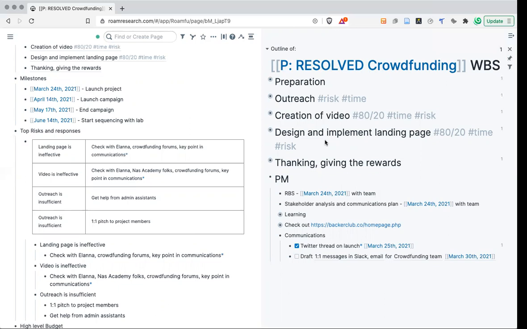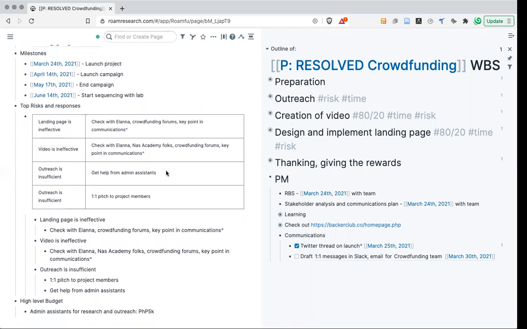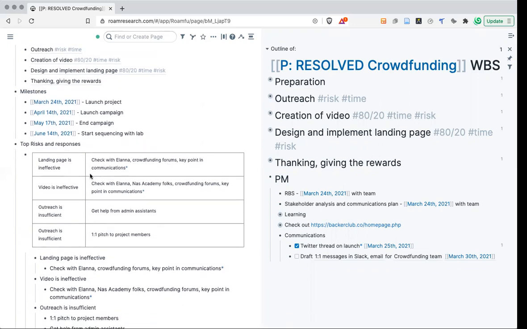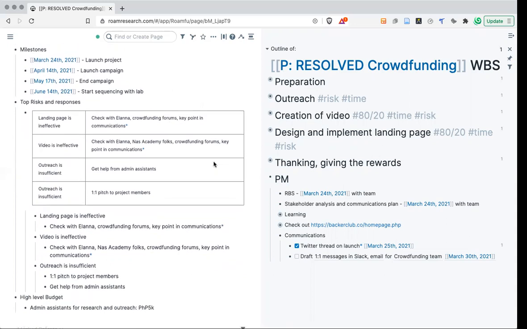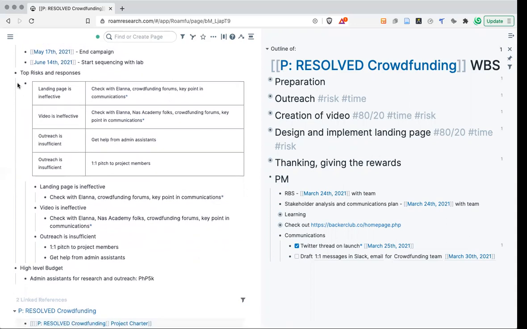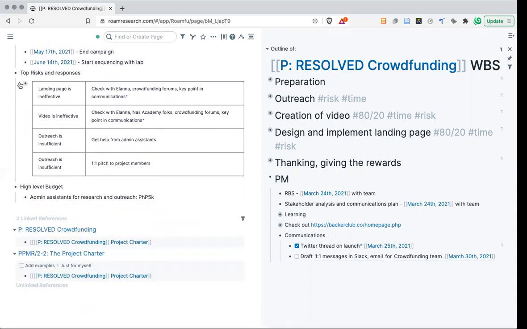If you look at the communications plan I made, you can see we focused our efforts on recruiting people who could create a good video and landing page, to ensure we focus on the biggest risks.